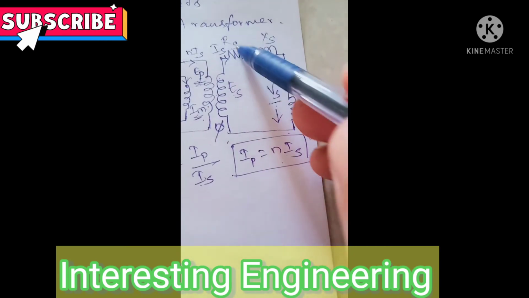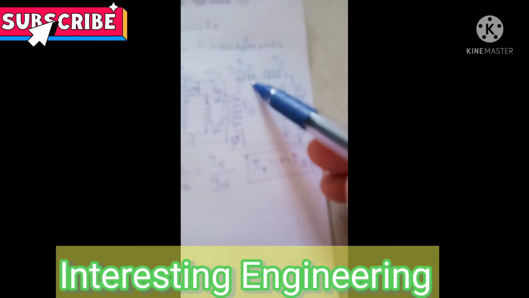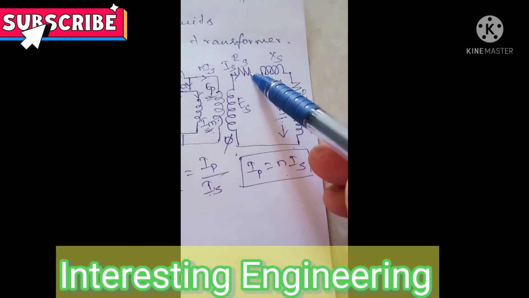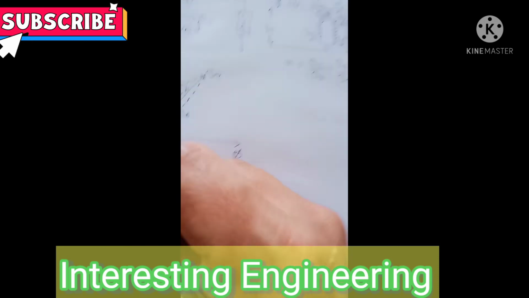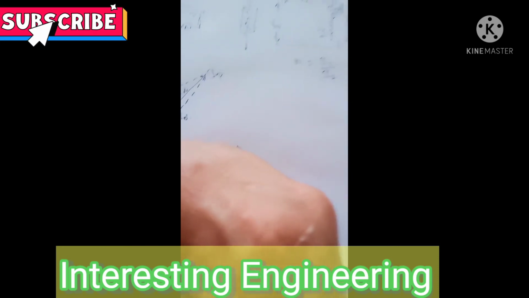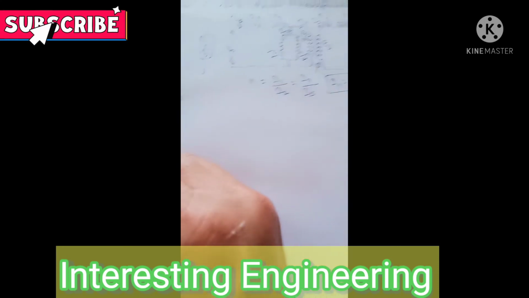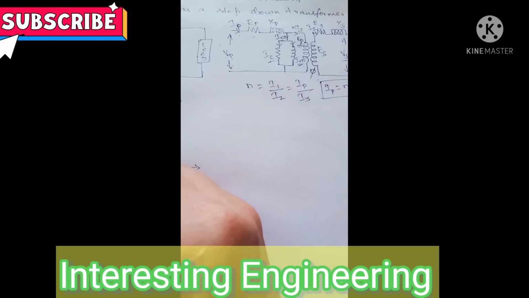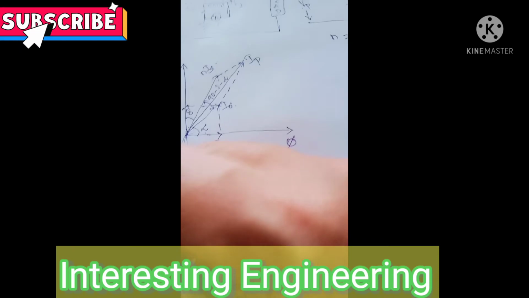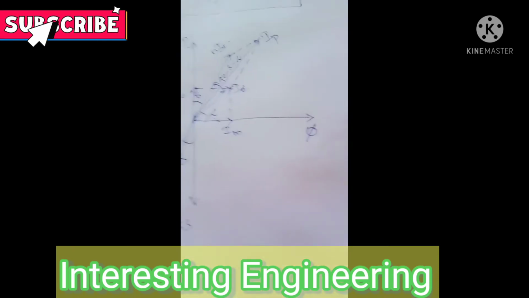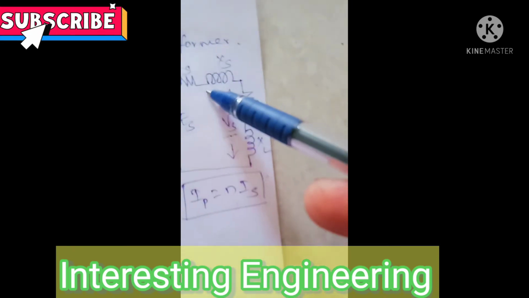So since this IS flows through RS, the potential will be in phase. So it will be in phase with this IS. So I am representing here. So this is ISRS, and then we have ISXs.